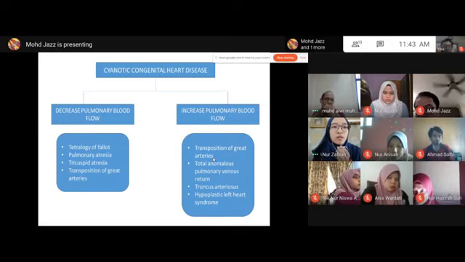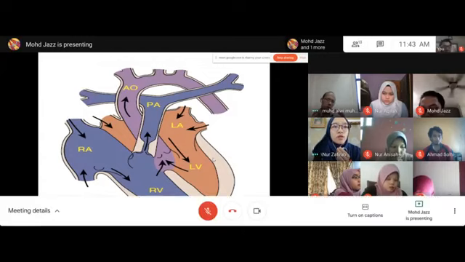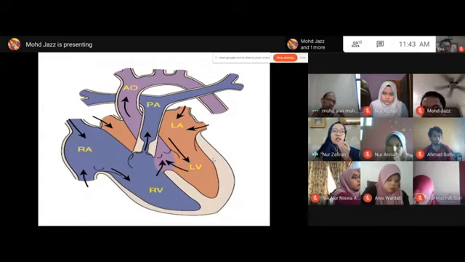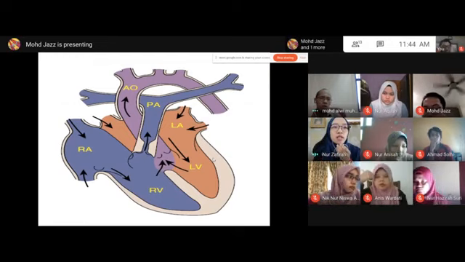So next slide. The first one I will explain is tetralogy of Fallot, under decreased pulmonary blood flow. So what is tetralogy of Fallot? From the name itself, it is tetralogy, so there are 4 cardinal features that we need to remember.